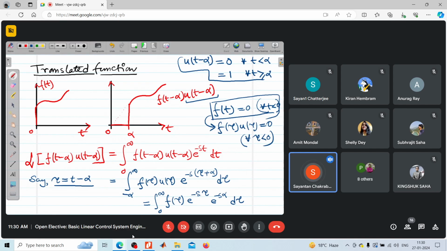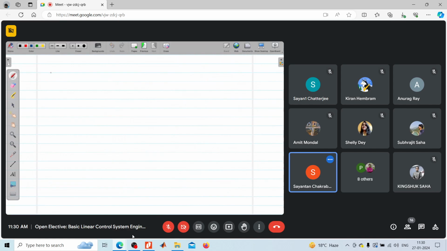right? Now, since this portion is independent of tau, we can take that out. So we can write simply, I'll just repeat the entire line.